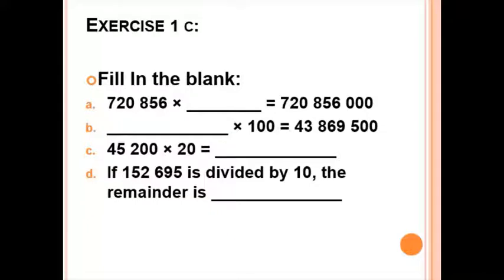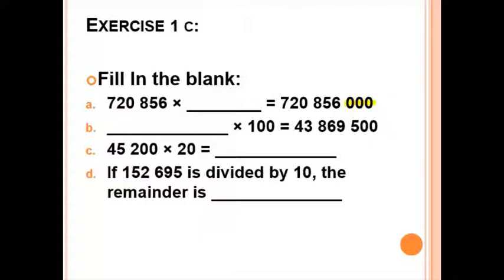Now it is exercise 1C. We are going to fill in these blanks. You can see this, that 720,856 multiplied by dash is equals to this. So here you can see that with this number 3 zeros has been added at the end.